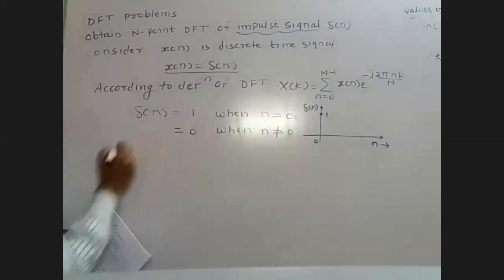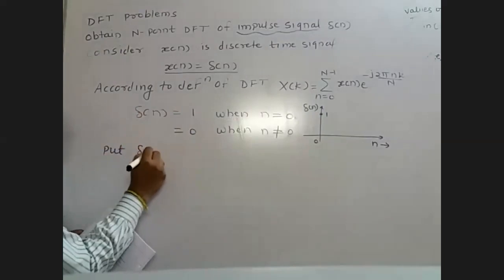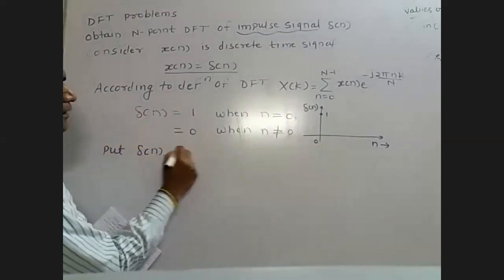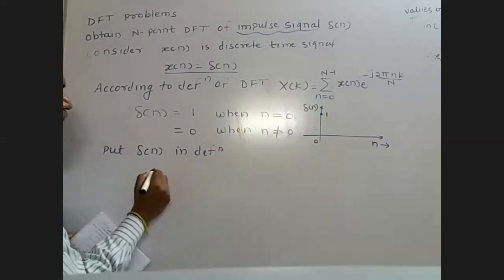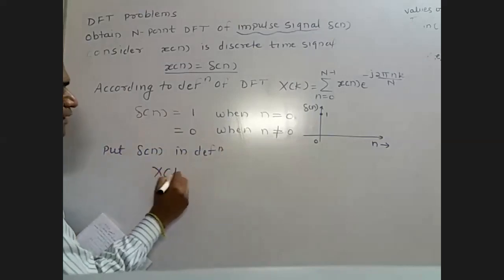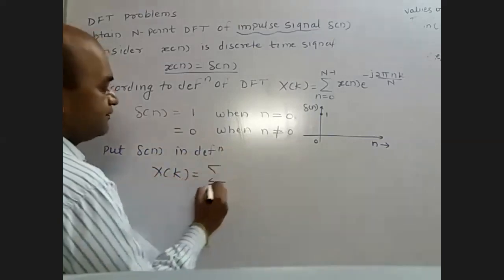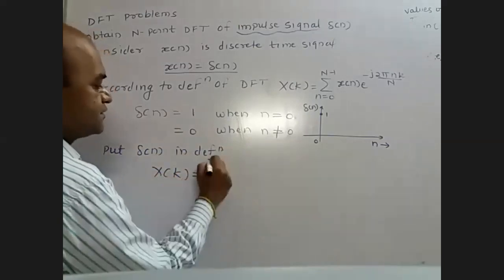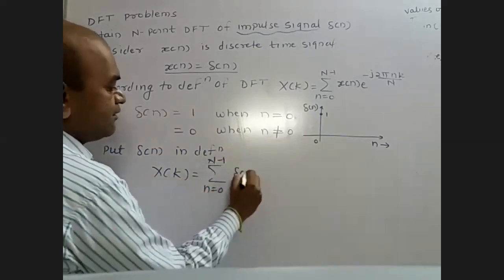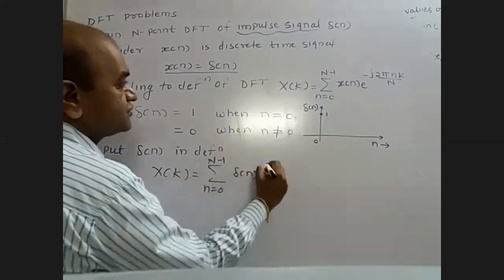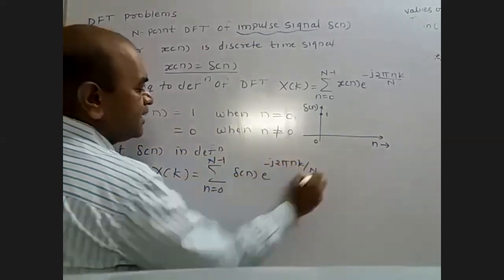So we put del of n in the definition. So X of k is equal to the summation of n equal to 0 to N minus 1 of del of n e raised to minus j 2 pi n k by N.